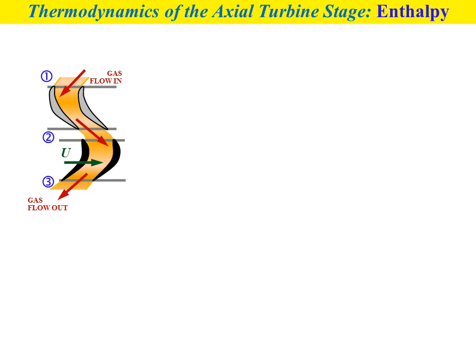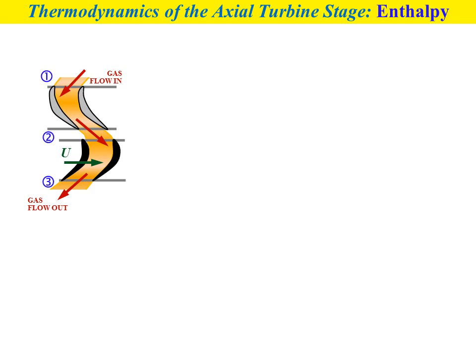You can also see the numbers: number 1 represents the condition at the inlet of the nozzle, condition number 2 represents the condition at the outlet of the nozzle and at the inlet of the rotor, and condition number 3 shows the condition at the outlet of the rotor. We can also see the direction of gas flow in and gas flow out in the diagram.